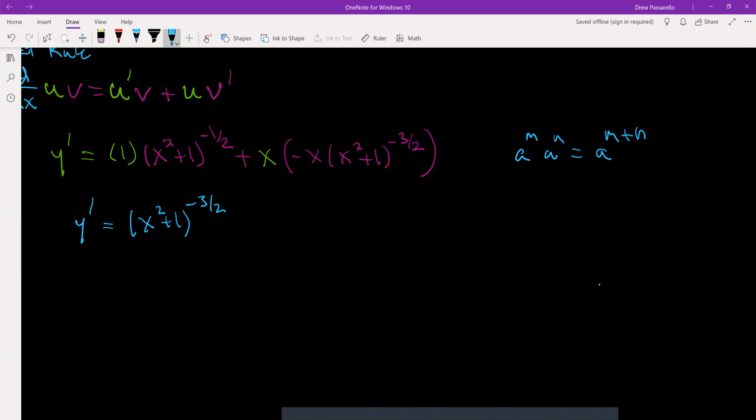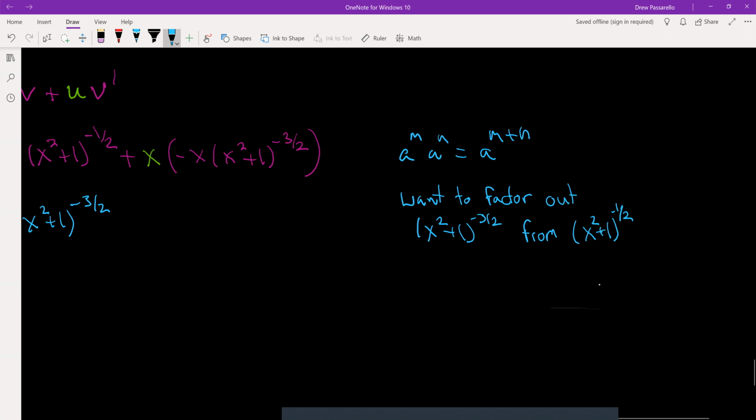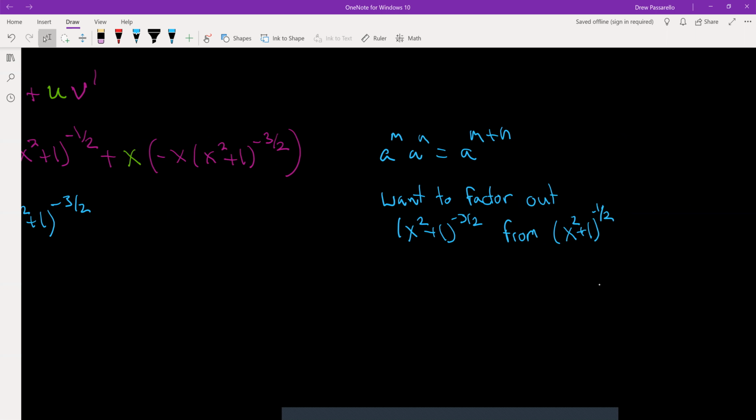And I kind of am going in reverse, like I want to factor out x squared plus 1 to the -3/2 from x squared plus 1 to the -1/2. Well, what you do is you multiply them together.